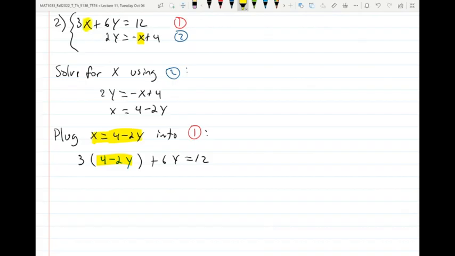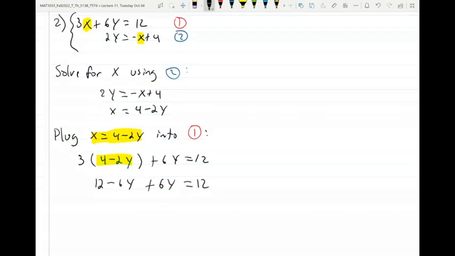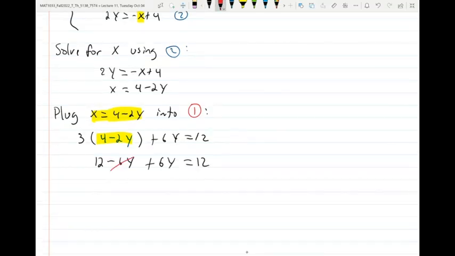Notice that that's where x is, so instead of x, you put 4 minus 2y. Now we have a linear equation in one variable. We can solve it, so let's do it. So we get here 12 minus 6y plus 6y equals 12. So notice that the 6y's cancel out, and then we get the statement 12 equals 12.